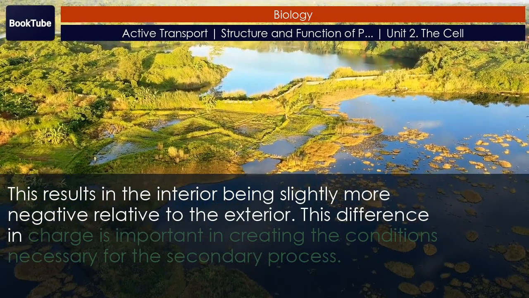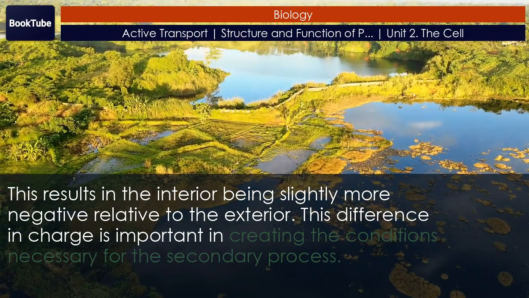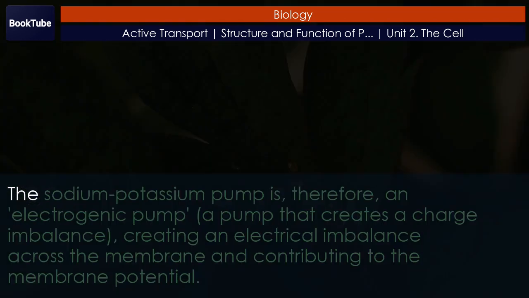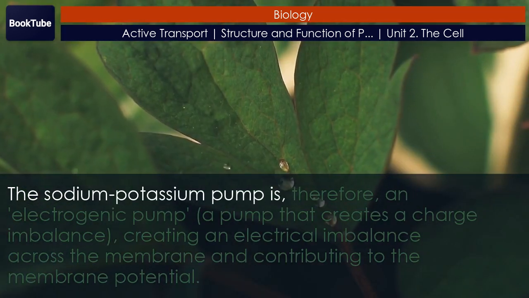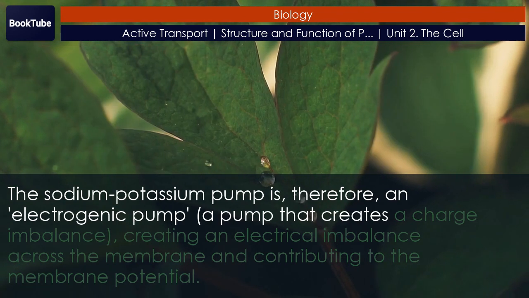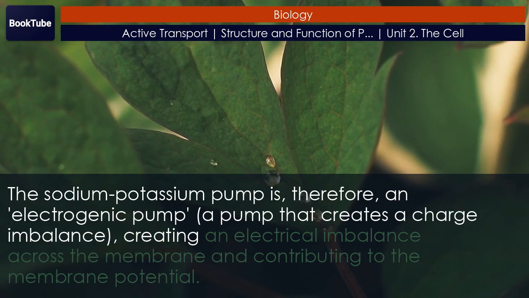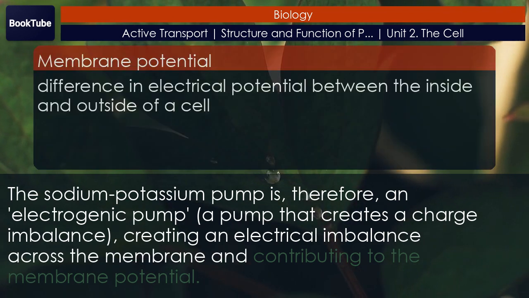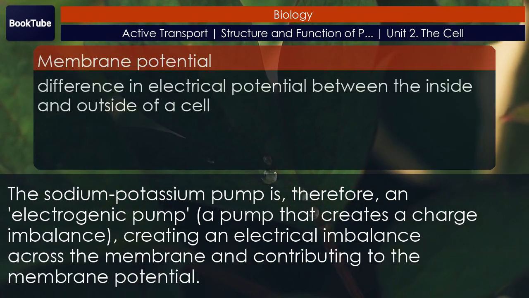This difference in charge is important in creating the conditions necessary for the secondary process. The sodium-potassium pump is, therefore, an electrogenic pump, a pump that creates a charge imbalance, creating an electrical imbalance across the membrane and contributing to the membrane potential.